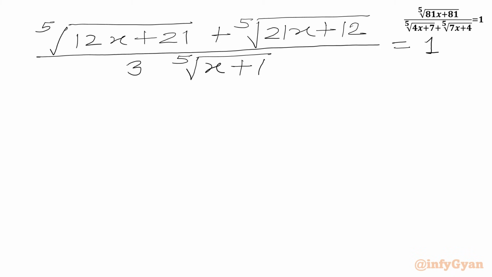Now we will multiply both sides by 3. So I will write here times 3. Now we will cancel 3 with denominator 3.